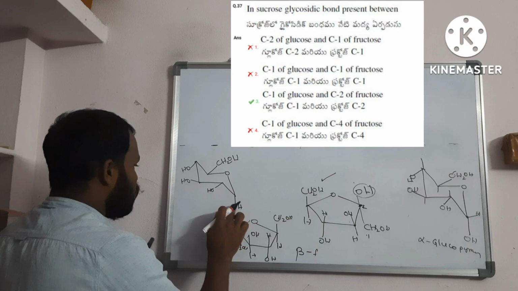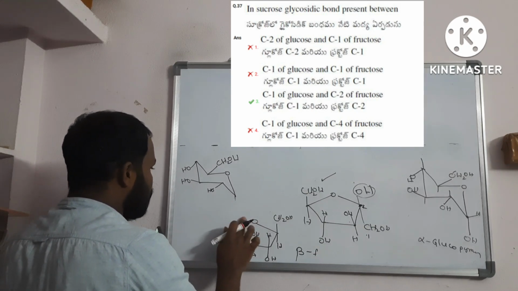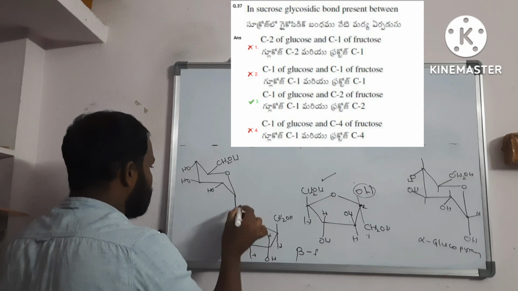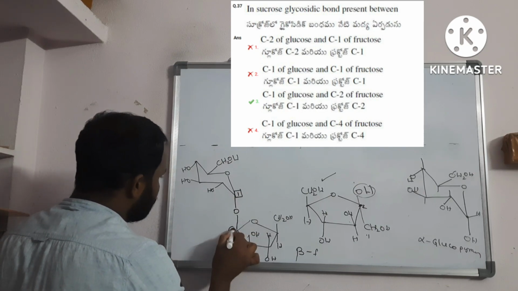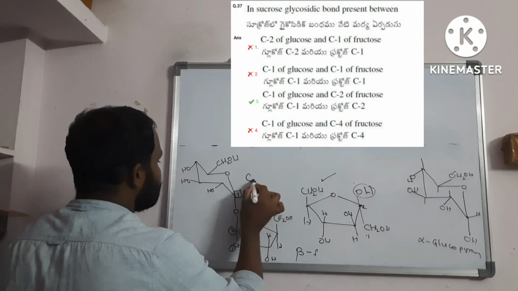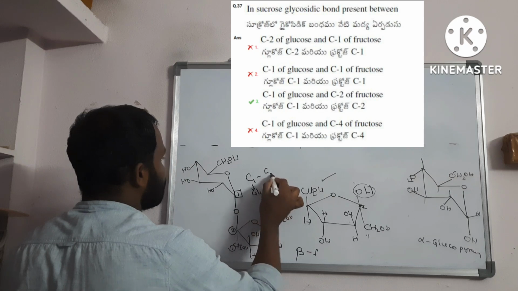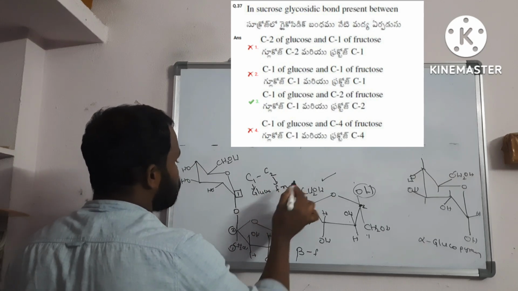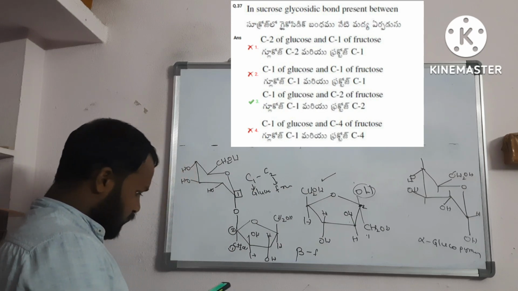So the OH groups will remove water, H2O, and you will get a bond like this, O. So this is C1 of glucose, and this is one carbon, this is two carbon. C1 of glucose and C2 of fructose is called the sucrose bond. Hence option number 3 is correct.